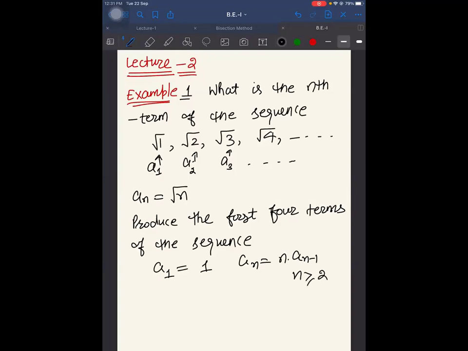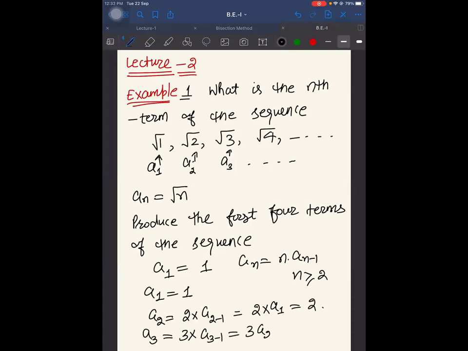You have A1, which is 1. To find A2, put n equal to 2: 2 times A1, which is 2 times 1, which is 2. For A3, it is 3 times A2, 3 times 2, which is equal to 6.